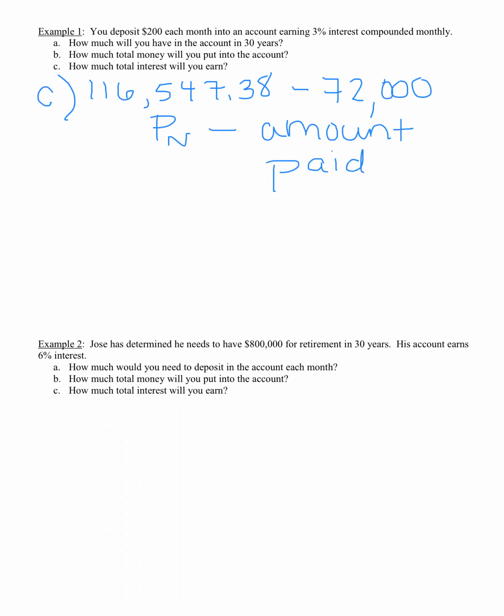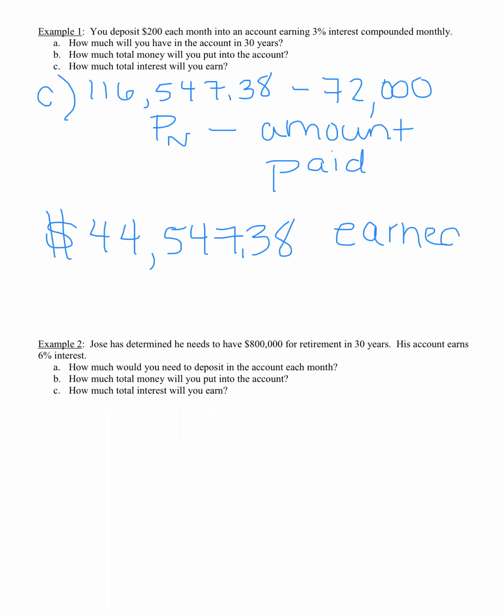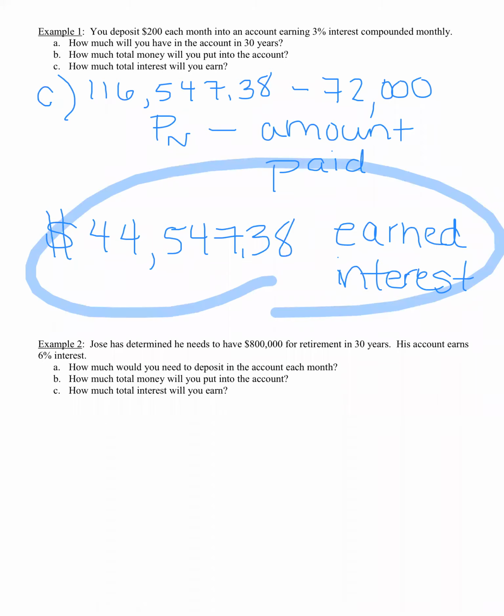And if you put that in, you are earning a total of $44,547.38 in interest. So not bad for a savings plan. Okay, so again, focus on, can I get those answers out of the calculator? How am I setting it up, etc.